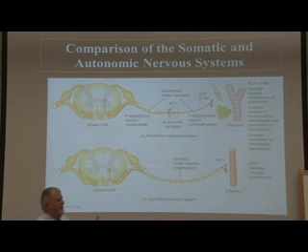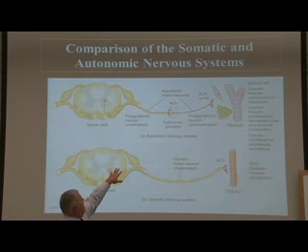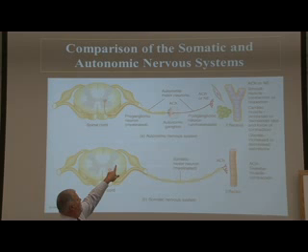So what's unique about the autonomic nervous system is the pattern that we just looked at: we have this autonomic ganglia where we have one neuron cell body. We have a neuron whose cell body is going to be in the gray matter of the central nervous system, and whose axon goes out to the ganglia.